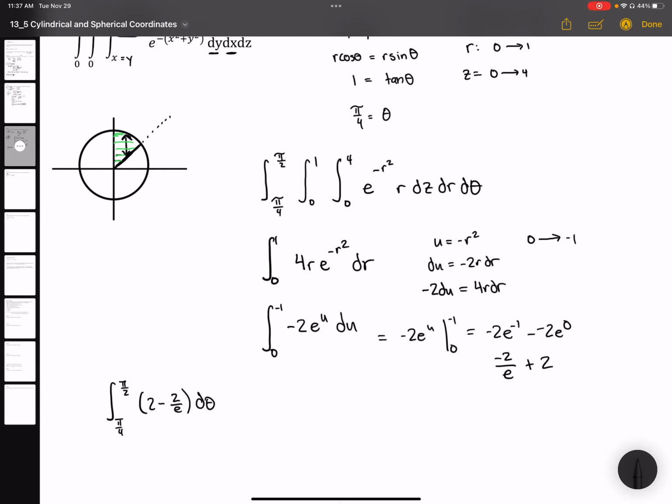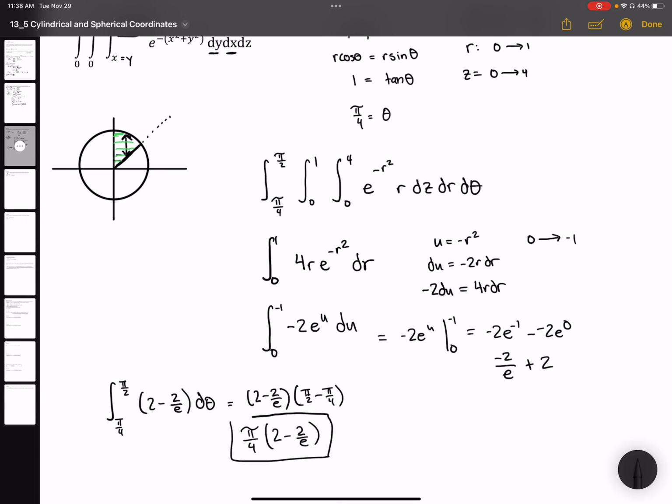And again, this doesn't depend on theta, so our answer is going to be the difference of our limits times this constant. So we have 2 minus 2 over e times pi over 2 minus pi over 4, which is just pi over 4. So our final answer is pi over 4 times 2 minus 2 over e.